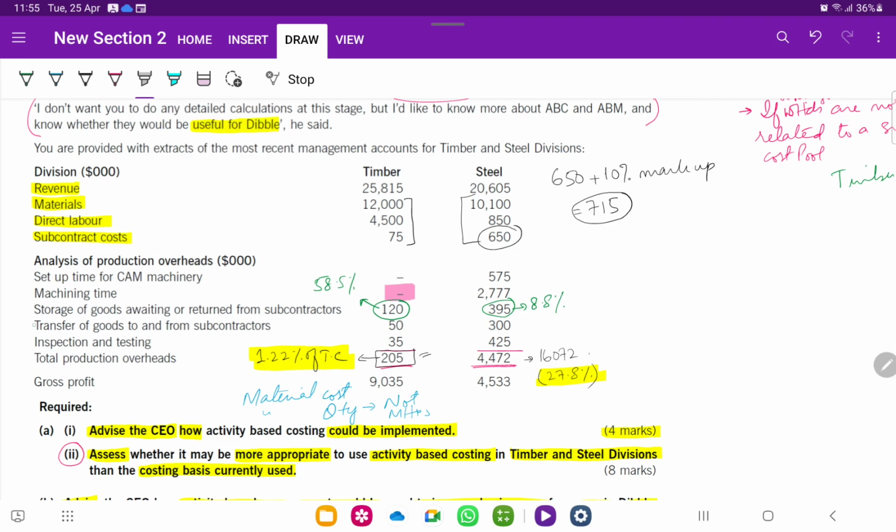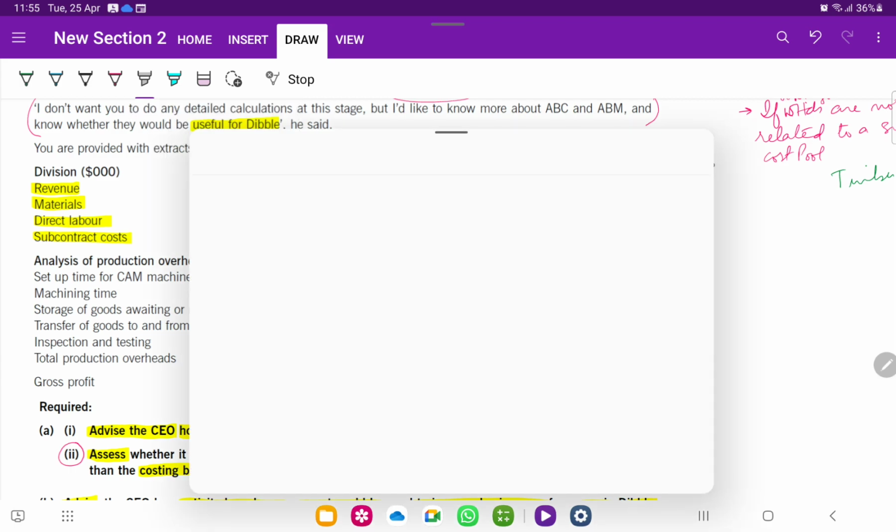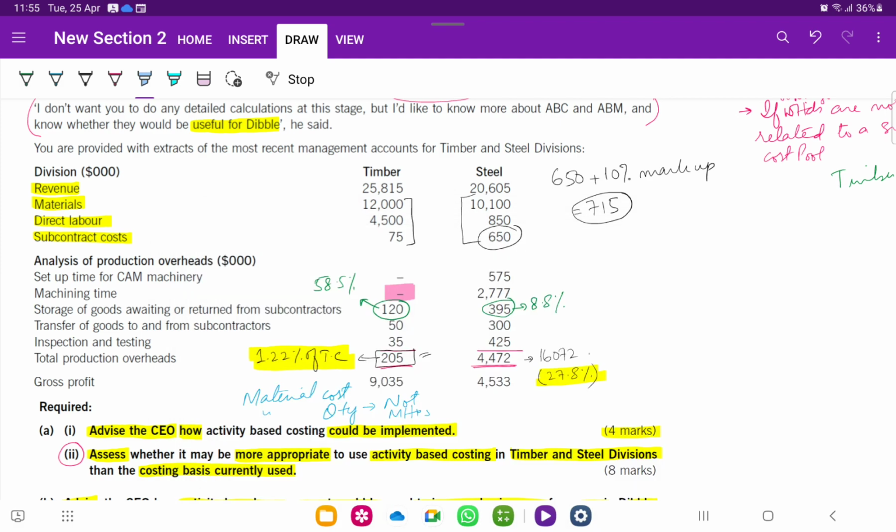See, transfer of goods to and from subcontractor. This is basically you are sending your products to the subcontractor, and then you want your products back, and this will cost you around 300,000, right?